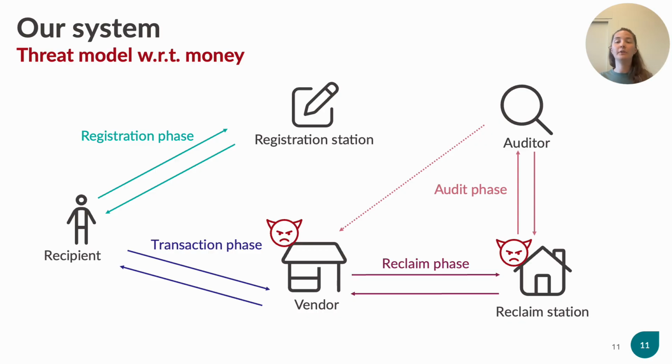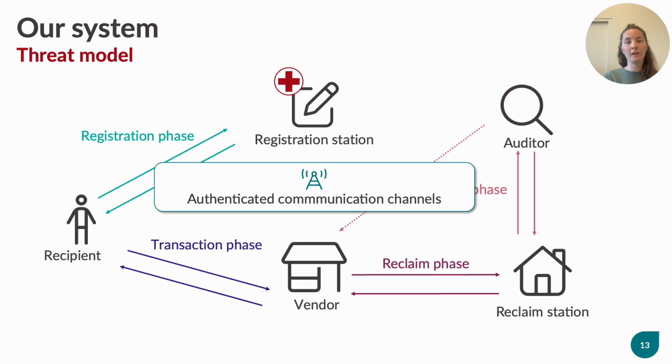For example, the vendor might collude with recipients to try to reclaim more money than what they transacted. With respect to privacy, the vendor, the registration station, the reclaim station, and auditors can behave adversely to break the user's privacy. Finally, we assume that all communication is made through authenticated communication channels.